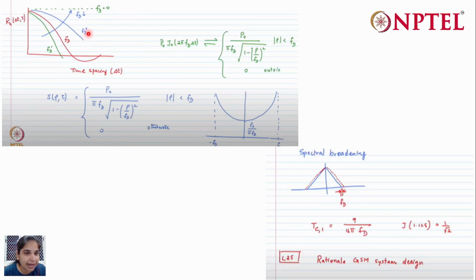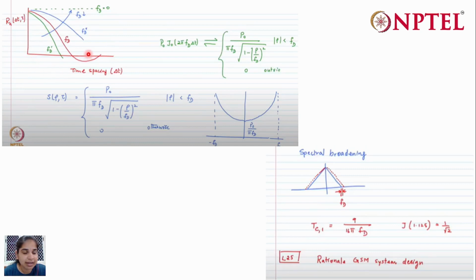If we have a higher Doppler, then it falls steeply. So what we understand from this is that the steeper your autocorrelation function is, the faster your channel is changing, that is, your FD is very high.